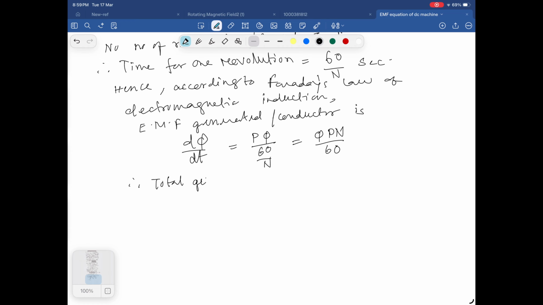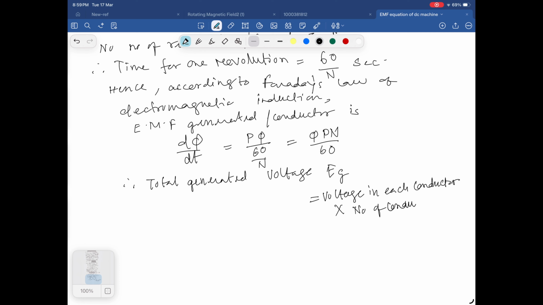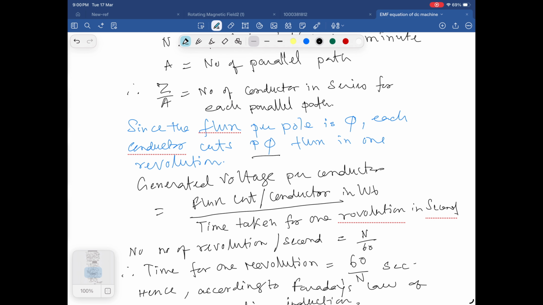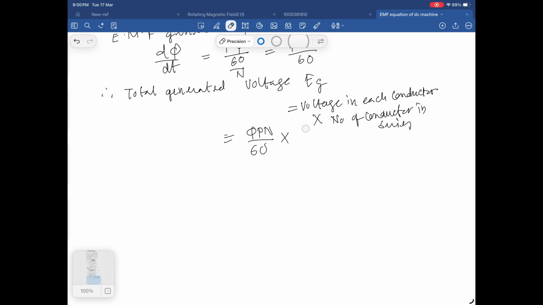Therefore, total generated voltage Eg is equal to the voltage in each conductor into the number of conductors in series. So this is phi Pn by 60 into Z by A. So this is equal to Z phi Pn by 60A. The unit is volt, as this is the Eg.